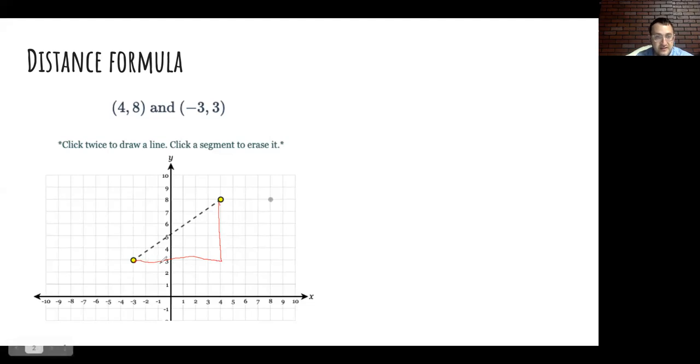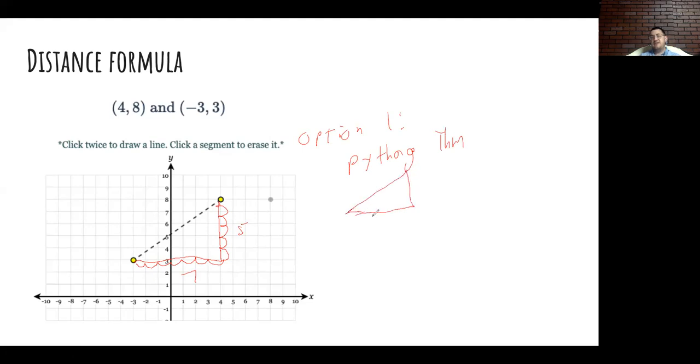So let's see, this bottom side is 1, 2, 3, 4, 5, 6, 7. And then this side is 1, 2, 3, 4, 5. So option 1 is the Pythagorean theorem. I'm just going to abbreviate. In essence, you're breaking it into a right triangle problem. So you have a 7 and a 5 and an x.